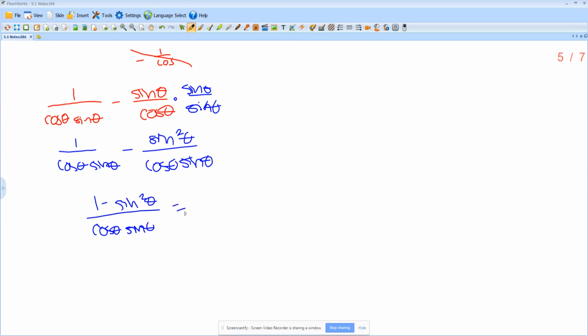1 minus sine squared theta, that again is a Pythagorean identity. It comes from that sine squared plus cosine squared equals 1. So if I subtracted the sine squared to get this, I would have cosine squared on top.